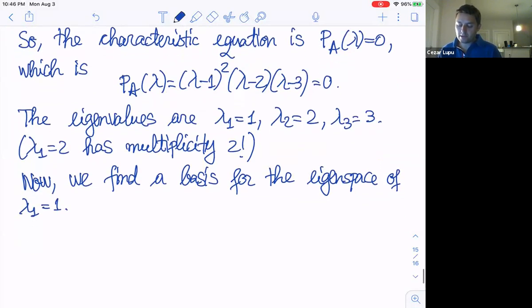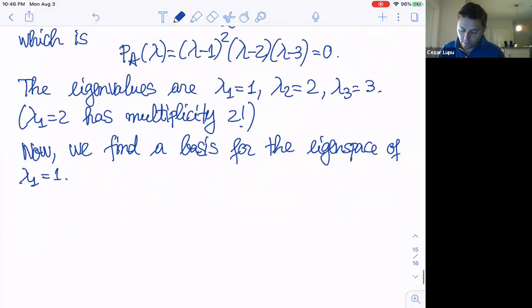Okay, for this, what do we need to do? Well, it's 1 times the identity minus A, which will give us, if we do the computations, okay, this is quite easy.